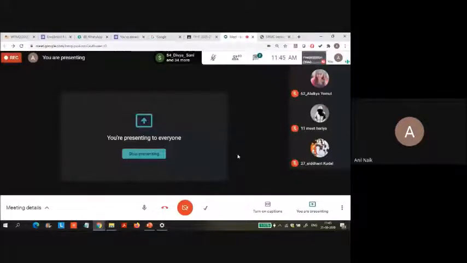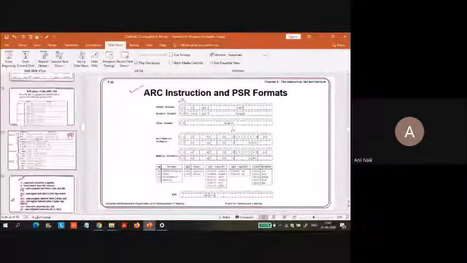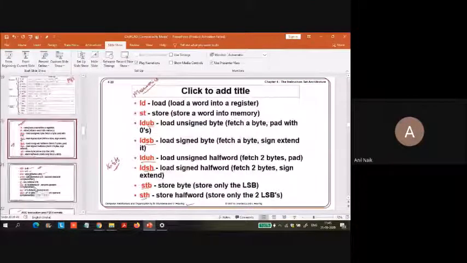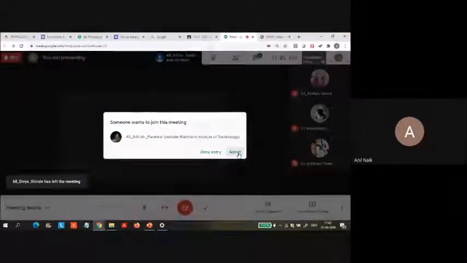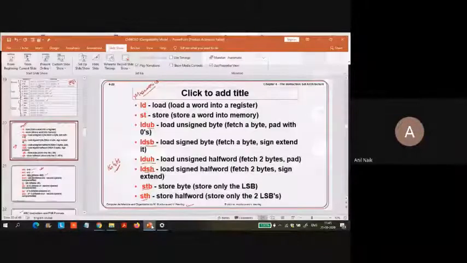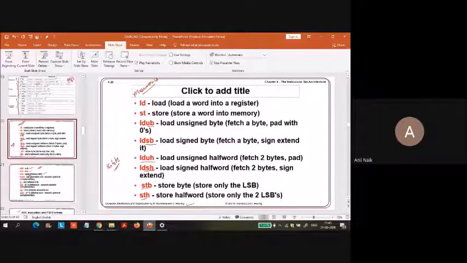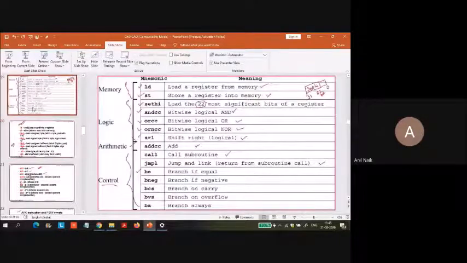ARC instructions, RISC processor instructions, as we discussed in the last class: load instruction LD, store, load unsigned byte, load signed byte, load unsigned halfword, store. These are the memory-related instructions we discussed: LD, ST, set high, which loads the 22 most significant bits of the register.